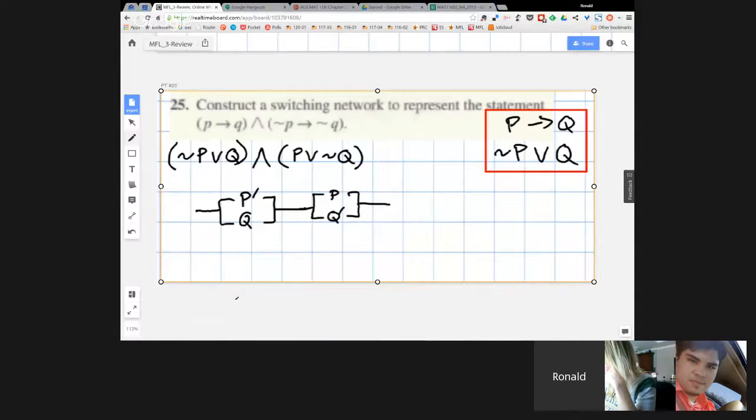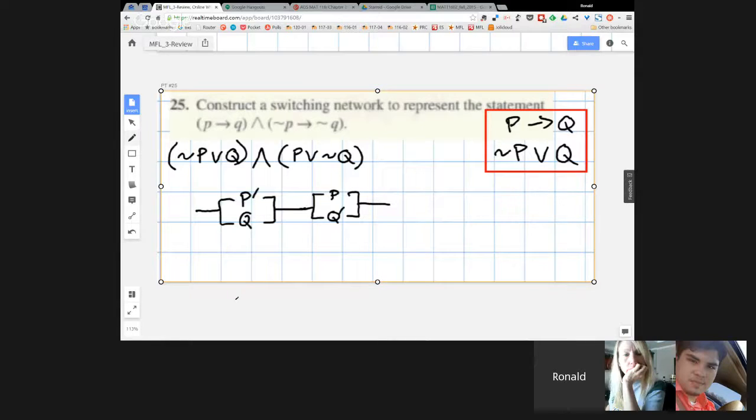Okay, it says construct a switching network to represent the statement. Of course, here's the problem. I never showed you how to do if-then statements for switching networks.